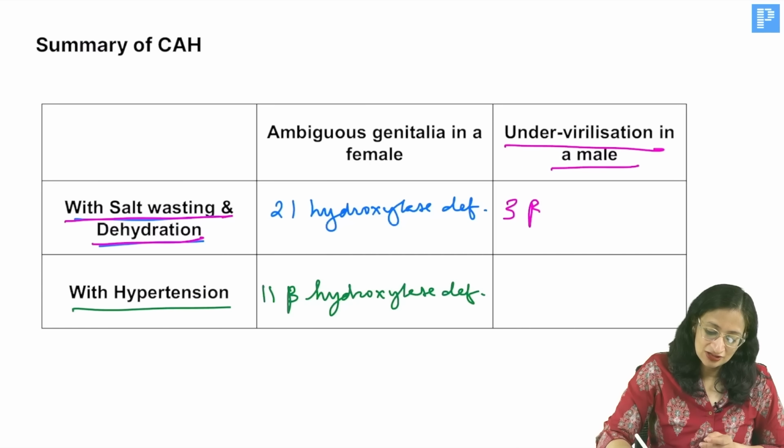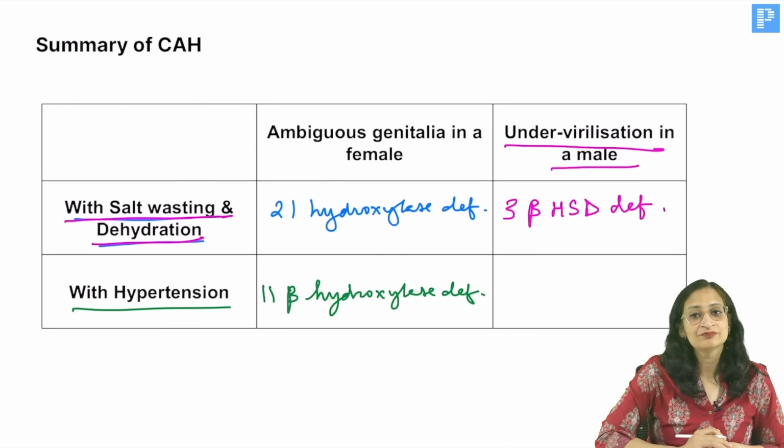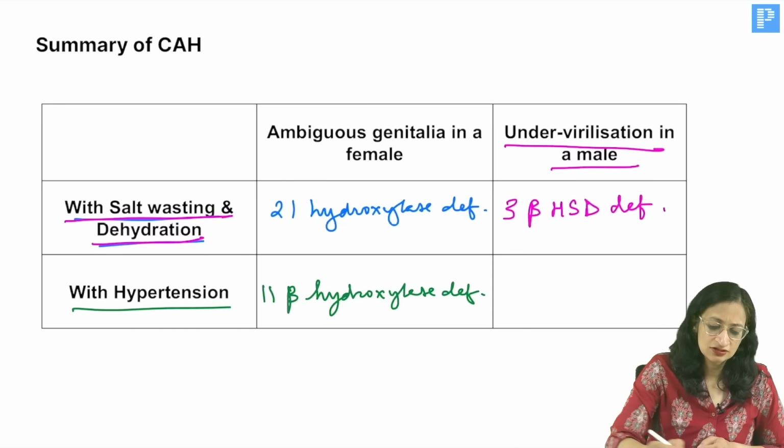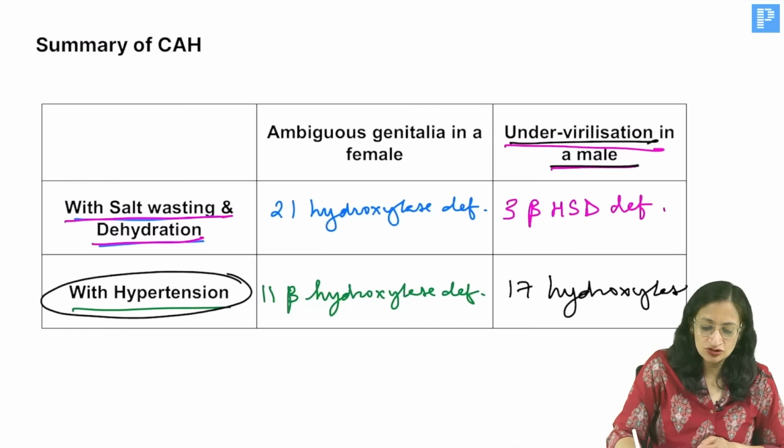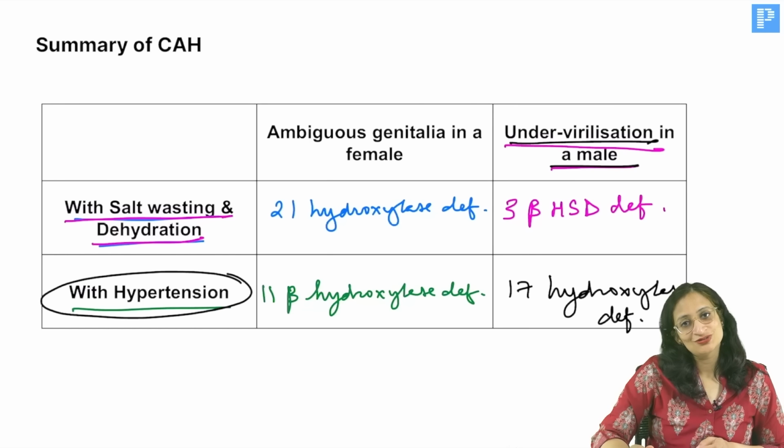So it is 3 beta hydroxysteroid dehydrogenase deficiency. Clear? If you're getting an under-virilized male with hypertension, then it is 17 hydroxylase deficiency where excess of mineralocorticoids are produced but your sex steroids are not produced. Clear?